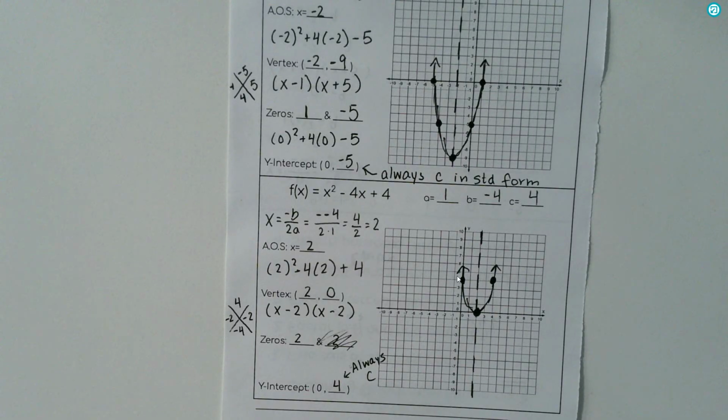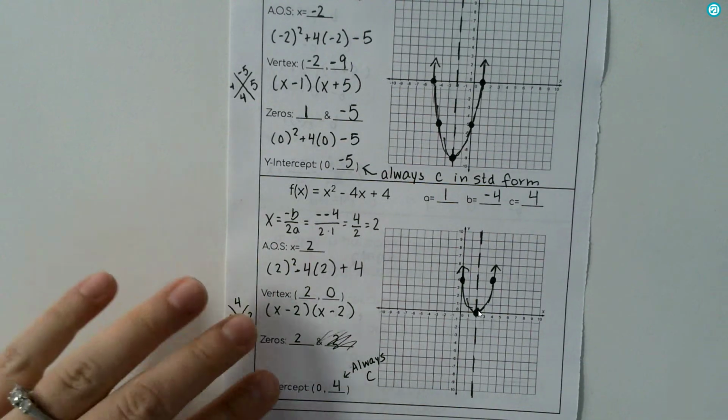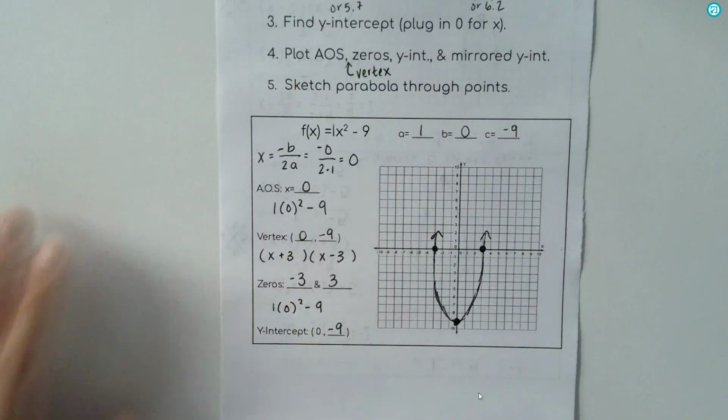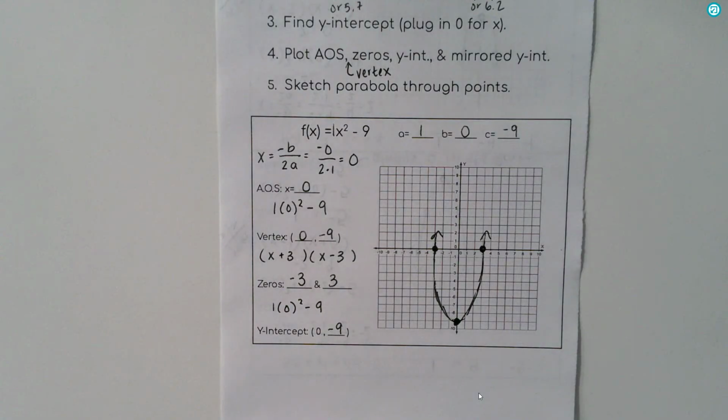So this one only has 3 points because your zeros and your vertex are the same. On the front, the first example we did, this one only has 3 points because your vertex and your y-intercept happen to be the same. So you could have up to 5 points. I think on your assignment, 3 of the problems have 5 points and 2 of the problems, so 1 problem like this and 1 problem like this.